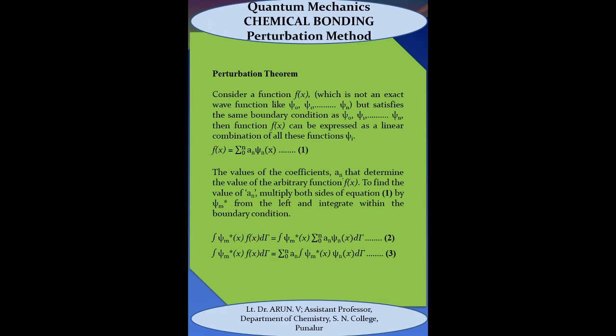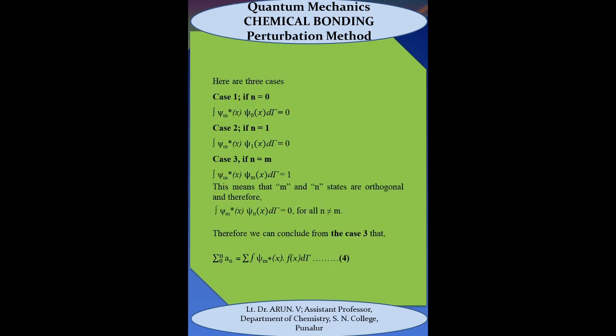Therefore, the integral of equation 1 becomes integral of psi m star(x) f(x) d-tau, that is equal to integral of psi m star(x) sigma 0 to n a_n psi_n(x) d-tau. Here sigma 0 to n a_n is a constant, take it outside. Therefore, equation 2 becomes sigma 0 to n a_n into integral of psi m star(x) psi_n(x) d-tau.